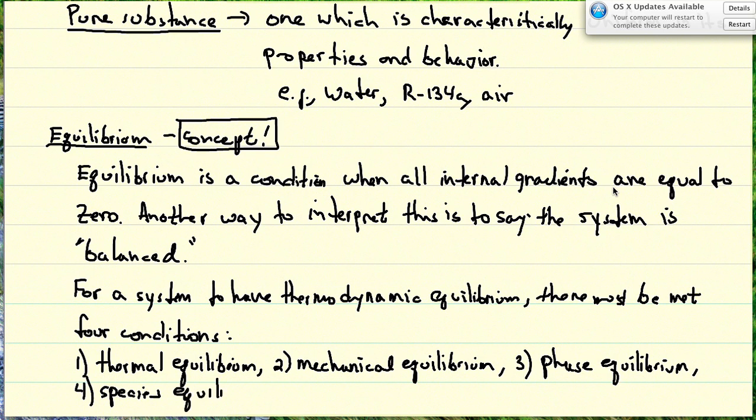So what do all of these mean? If you are in thermal equilibrium, it means there are no internal temperature gradients. Remember, equilibrium means you have no internal gradients.